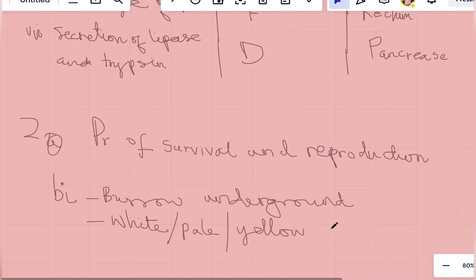They also stay in the shade. So burrow underground, you can say also stay in the shady area. Apart from burrowing underground, they stay in shady areas to avoid the scorching heat.